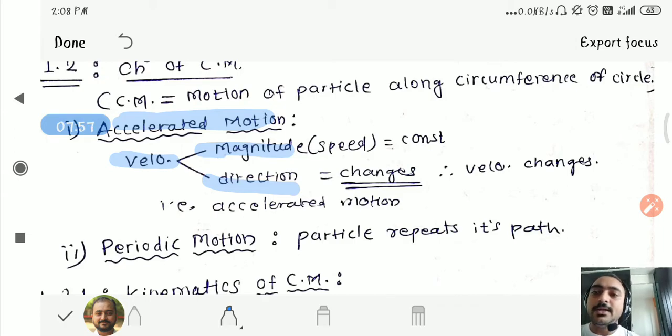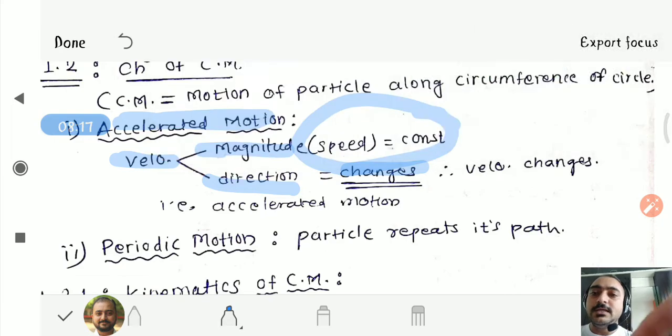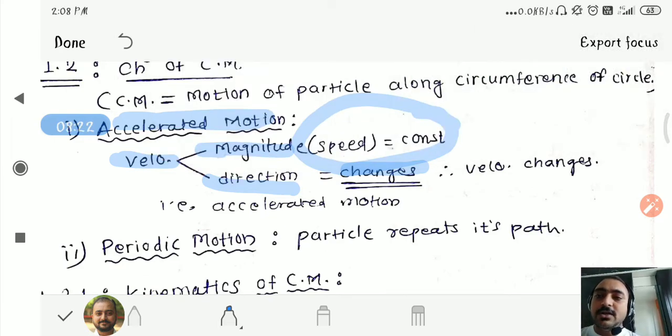But the magnitude of velocity, that is called speed, remains constant, but the direction of the particle's motion is always changing, and that's why the velocity of the particle changes simultaneously.